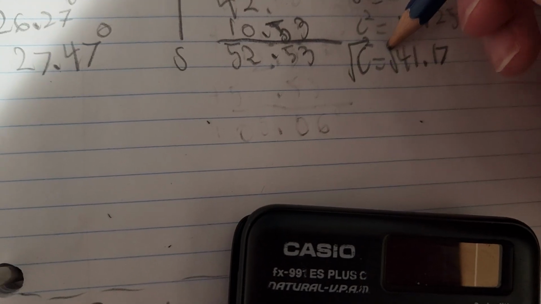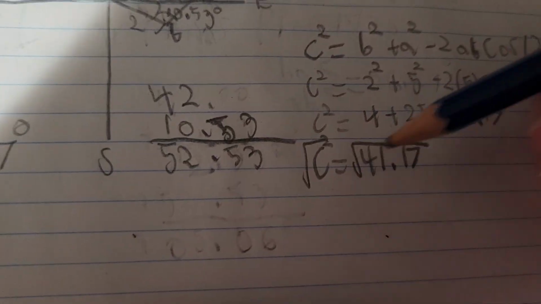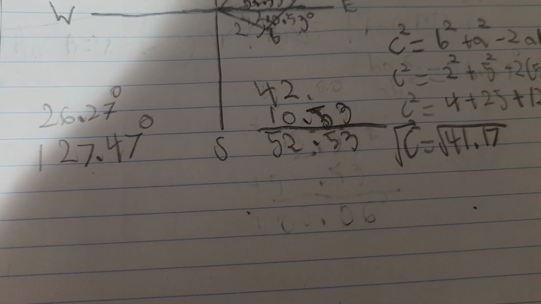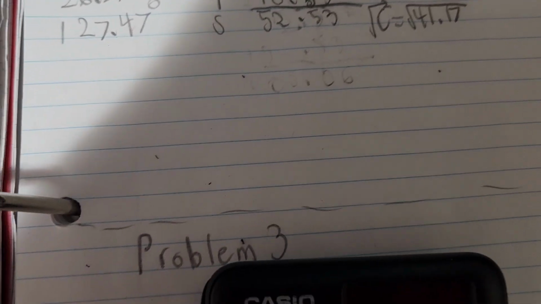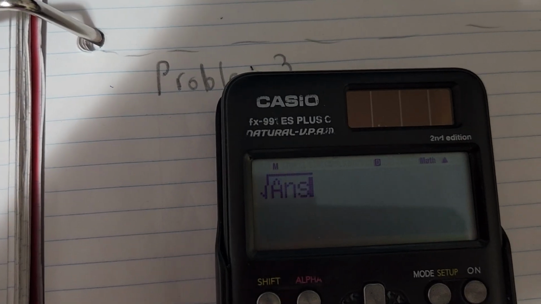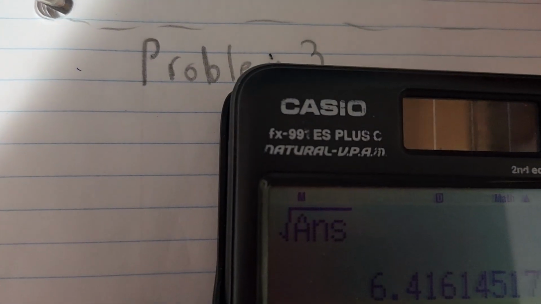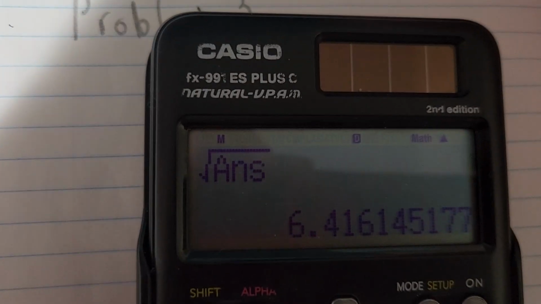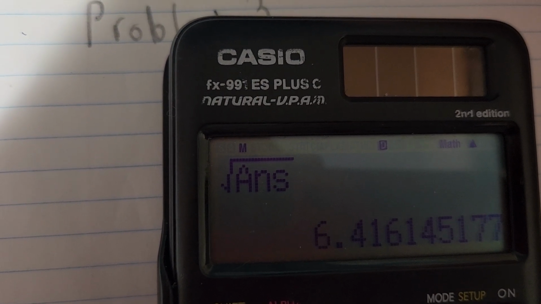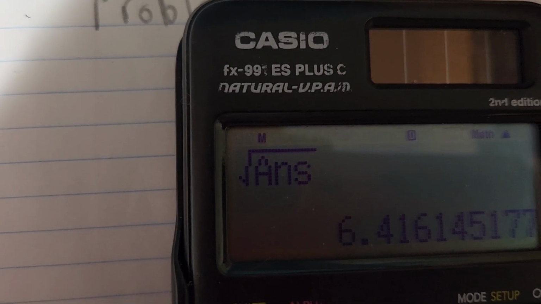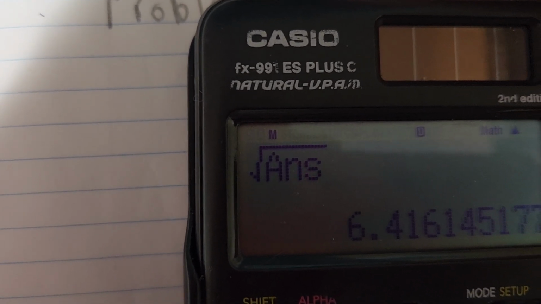And now we get to square root both sides to get the proper answer for c, which now equals, hold on, 6.42 kilometers of a vector.